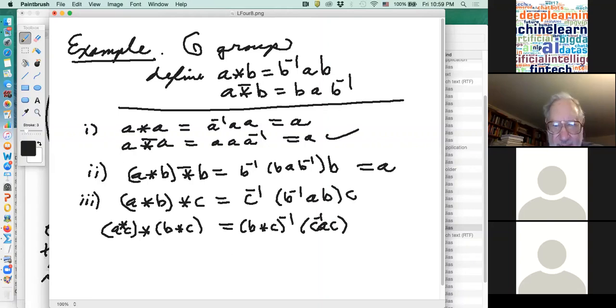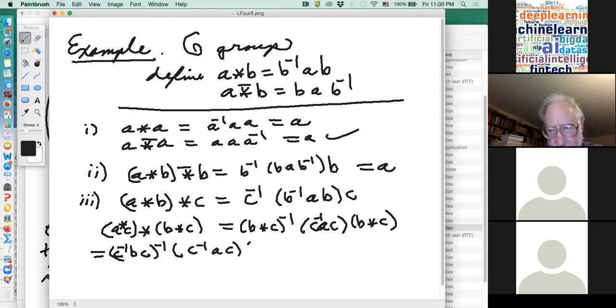That's A times C, times B times C, and then I have to write that out. And I get C inverse BC inverse times C inverse AC times C inverse BC.